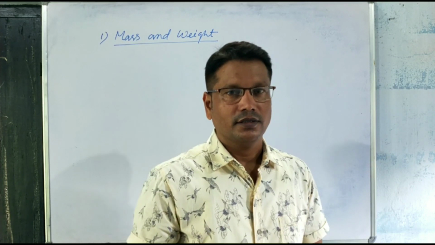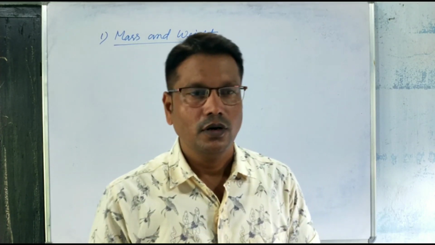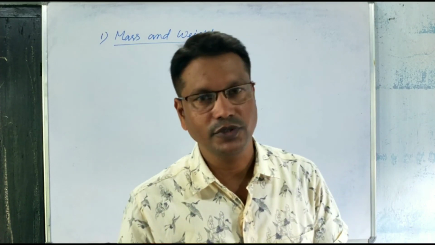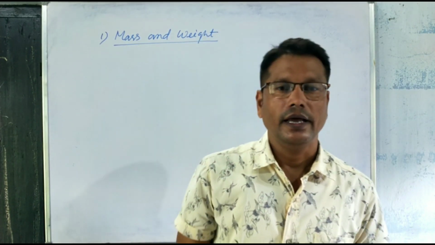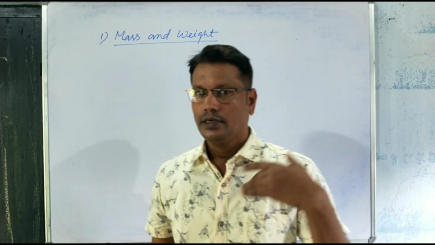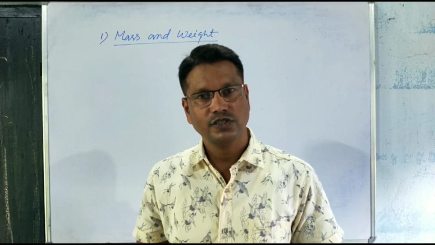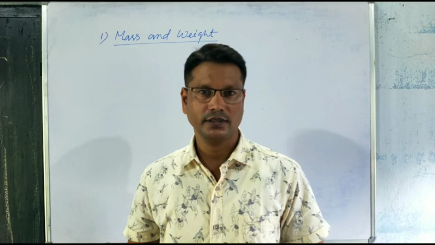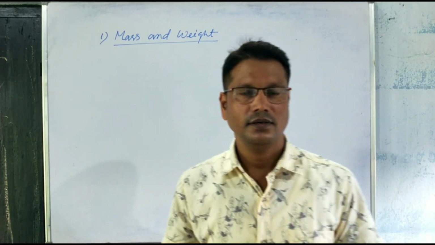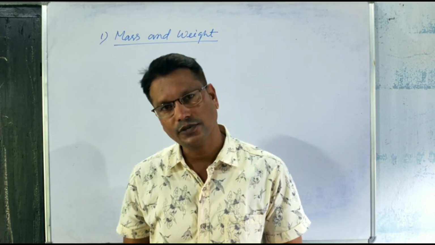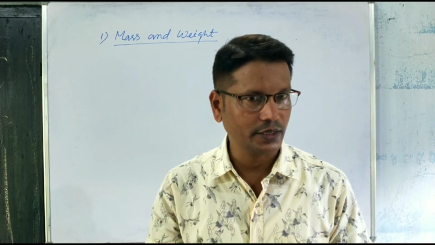What is mass? Mass is the amount of substance present in a particular object. On the other hand, weight means the gravitational force acting on that object. Now it is clear what mass is? Mass is the amount of substance present in an object.